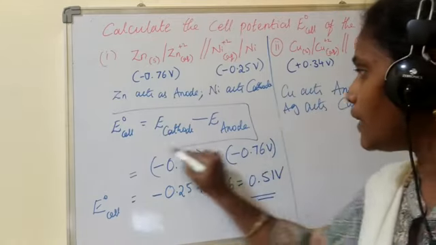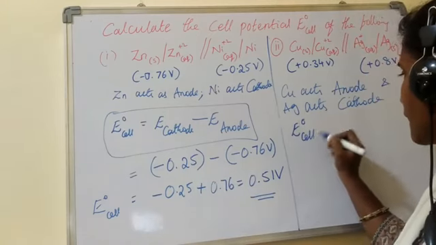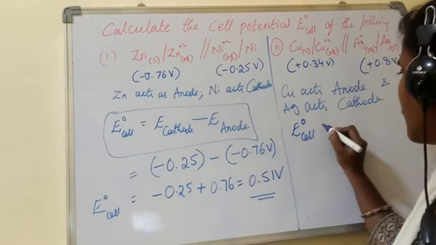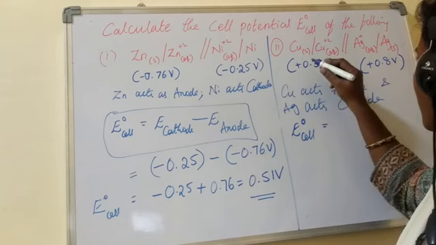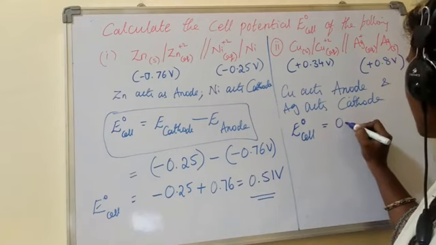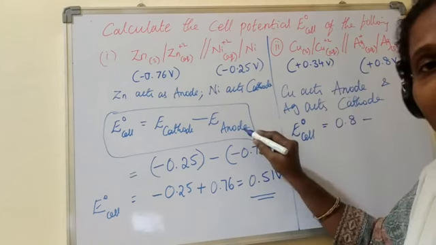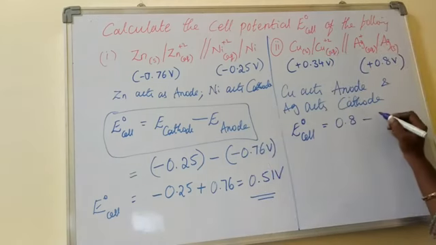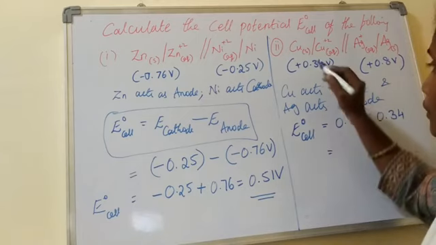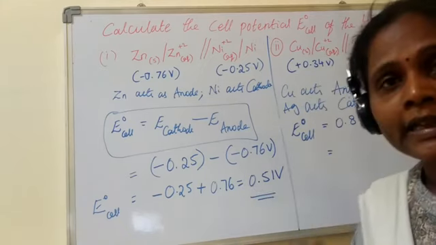Again, I have to use this formula to calculate the E cell. So E0 cell, E0 is written because it is the standard electrode potential of the cell, is equal to E cathode. What is the cathode? This one is the cathode, reduction. Therefore, plus 0.8 minus E of anode, therefore plus 0.34. Right? You don't look into the electrode potential signs, both plus, both minus, one plus, one minus.